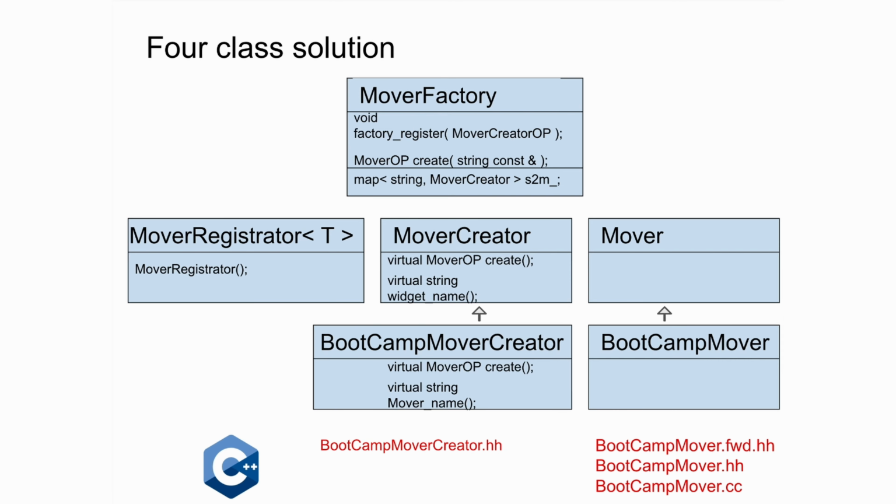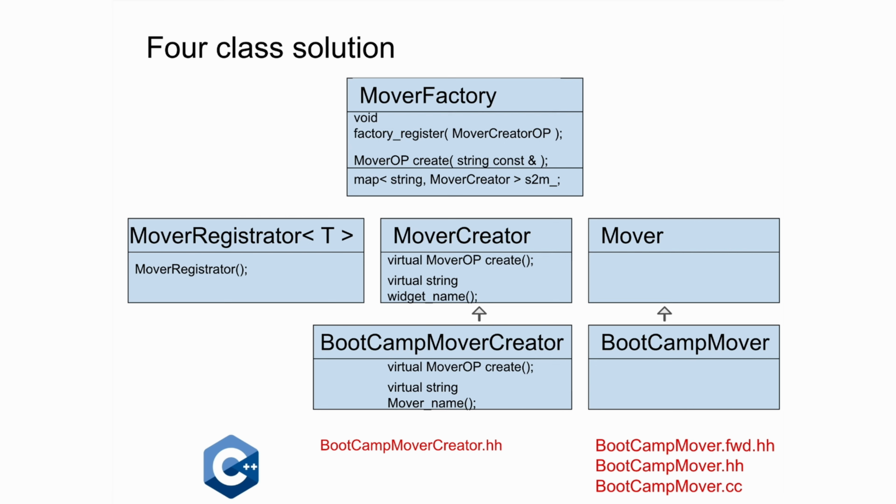We talked about this a little bit this morning, but just to remind you, you're making bootcamp mover, which will inherit from the mover class, and you'll also have your bootcamp mover creator, which inherits from the mover creator class.